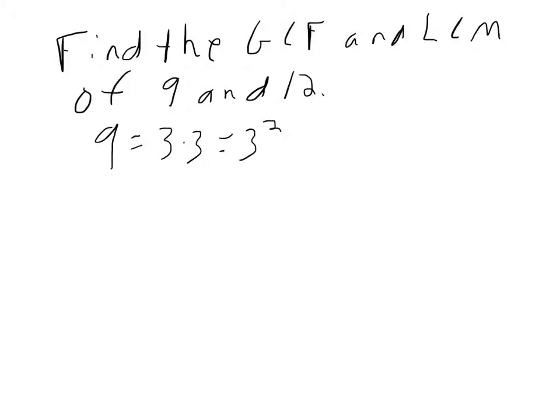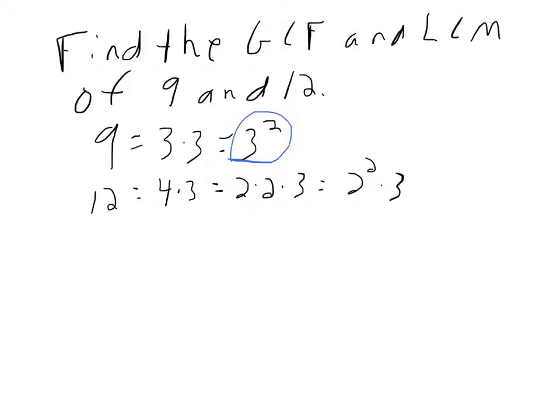And then the other one is 12, which is 4 times 3, and then we can break 4 down into 2 times 2 times 3, or 2 squared times 3. So the prime factorization of 9 is 3 squared, and 12 is 2 squared times 3.